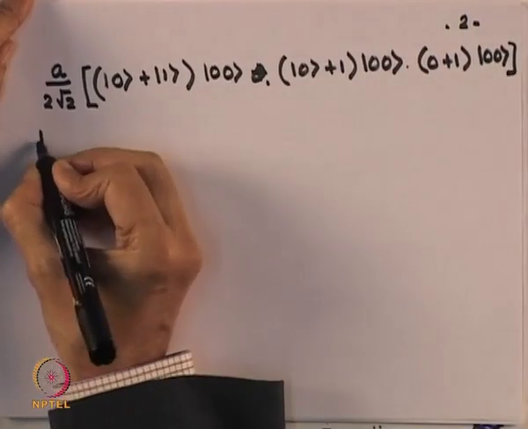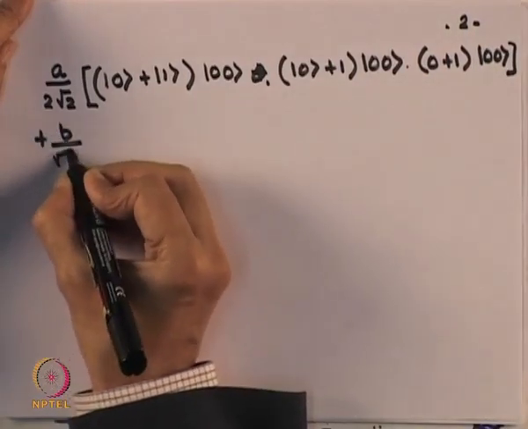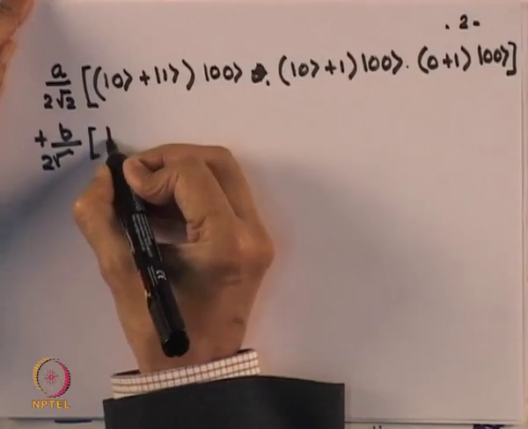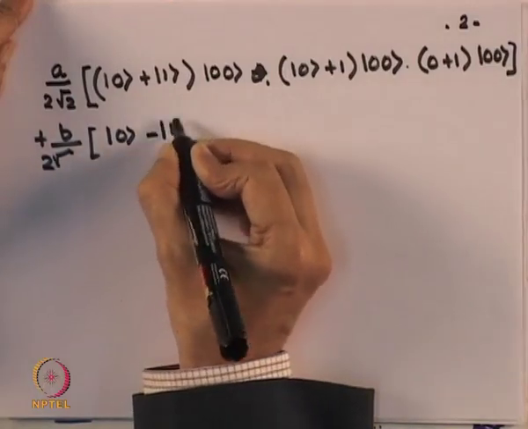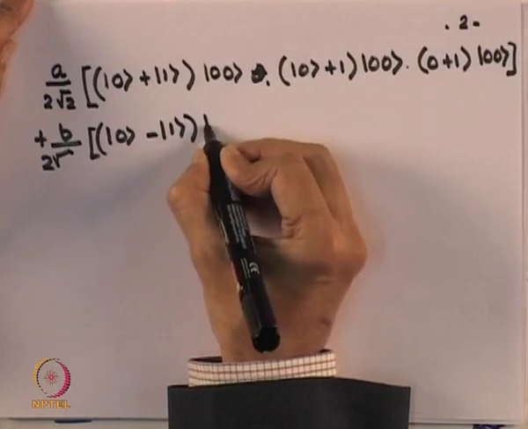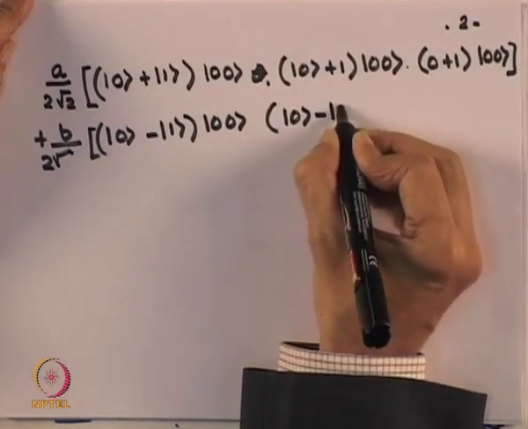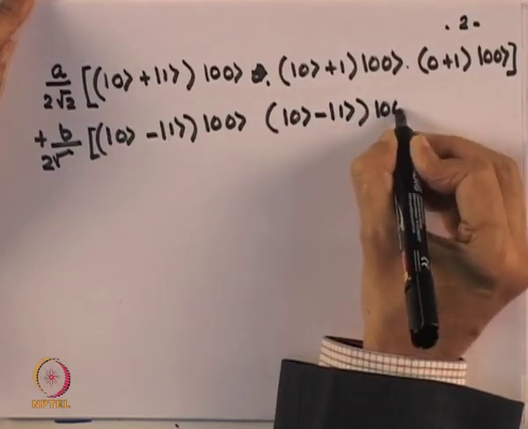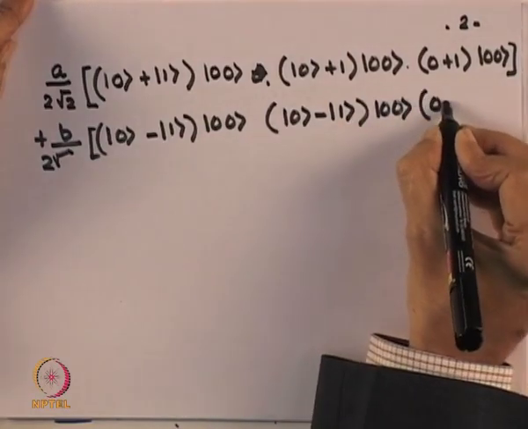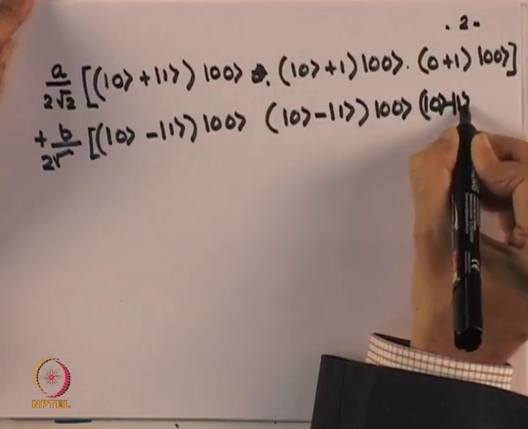And likewise I have B by 2 square root of 2, 0 minus 1, 0, 0, 0 minus 1, 0, 0, and again 0 minus 1, 0, 0.